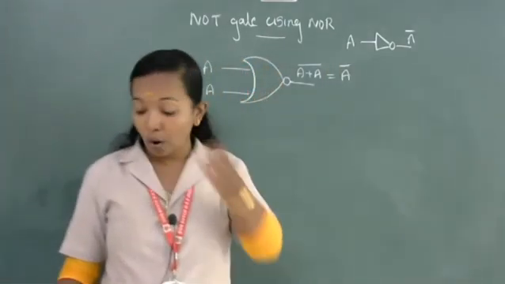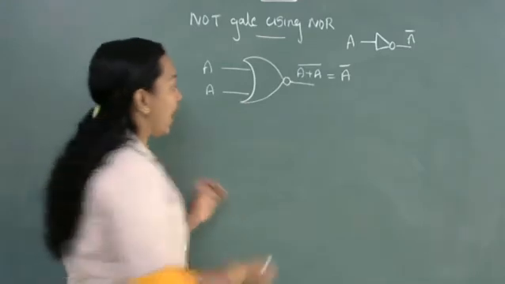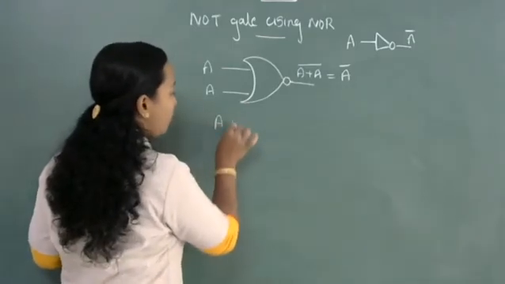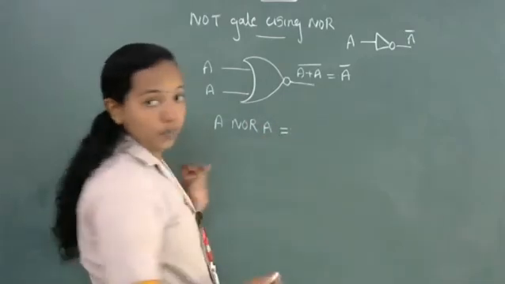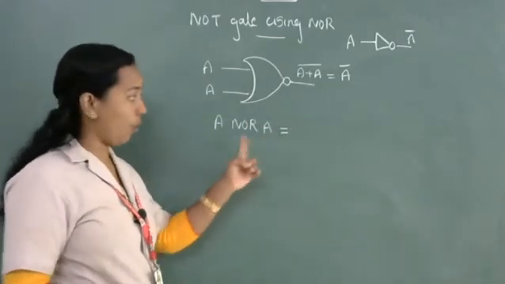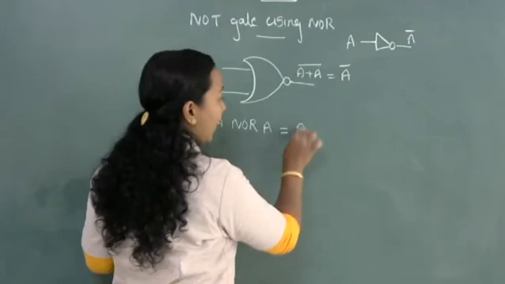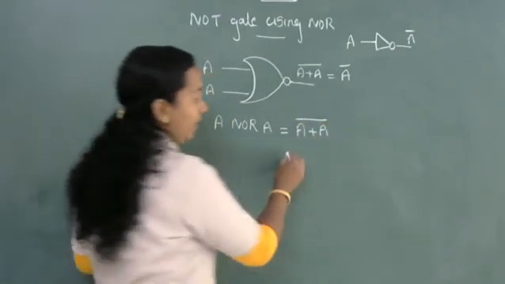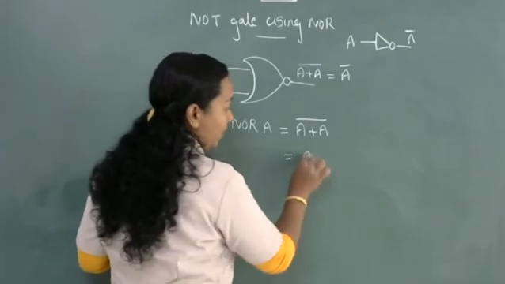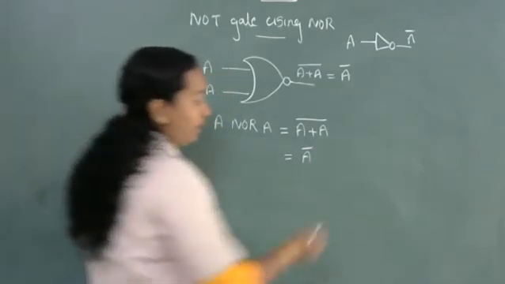The algebraic proof we can write like this: A NOR A is equal to (A plus A) all complement, which we can write as A complement.